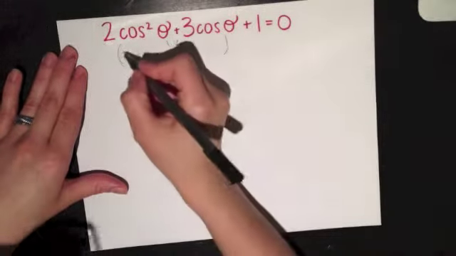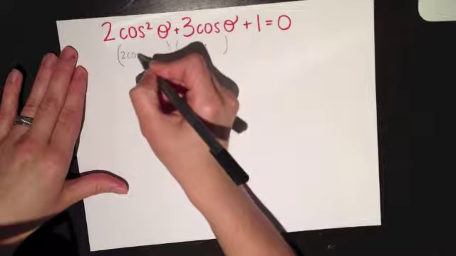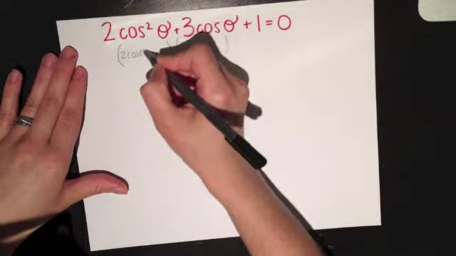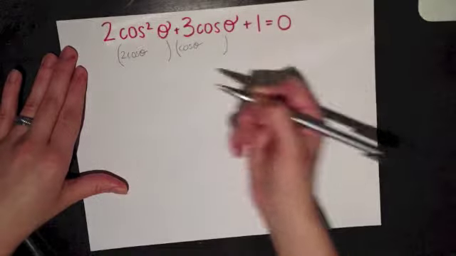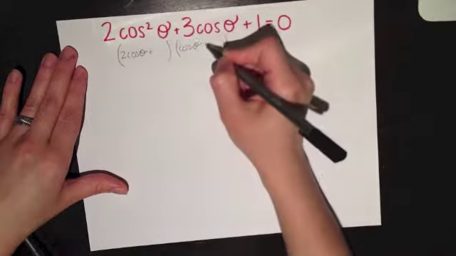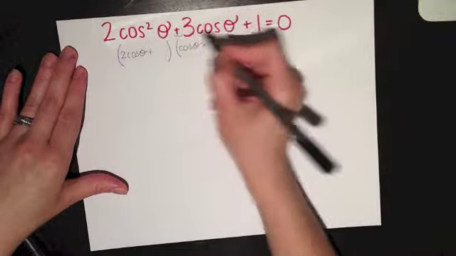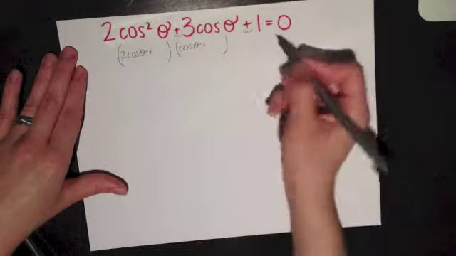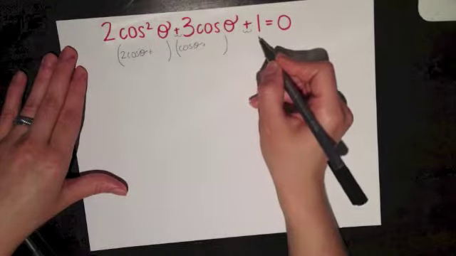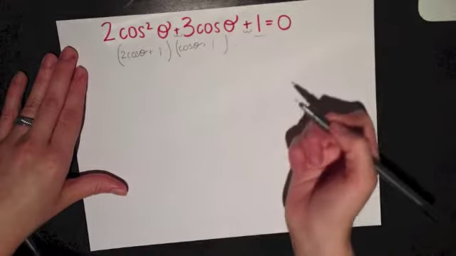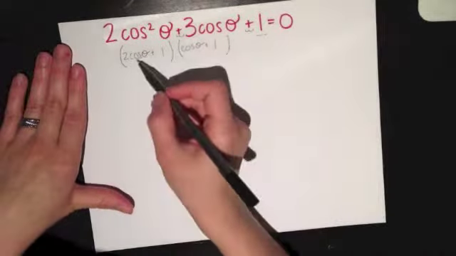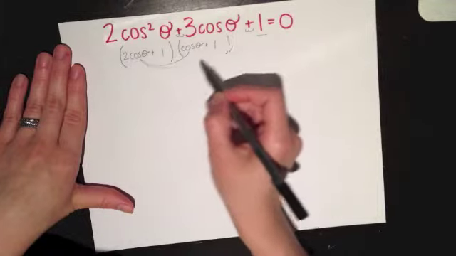That is 2 cos of theta times cos of theta. Now we put plus, because we notice this is plus and this is plus. Now what times what gives us 1? That is 1. So we can check our answer by foiling it out.